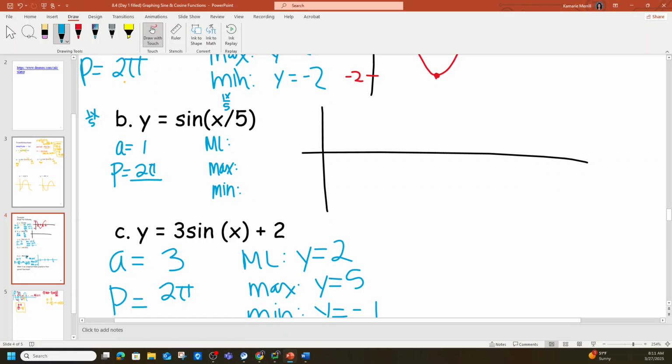Okay. So I get to divide by 1/5, which means I take 2 pi and instead multiply by 5 over 1. When I multiply by 5 over 1, that makes my period actually 10 pi. We okay with that? Okay.